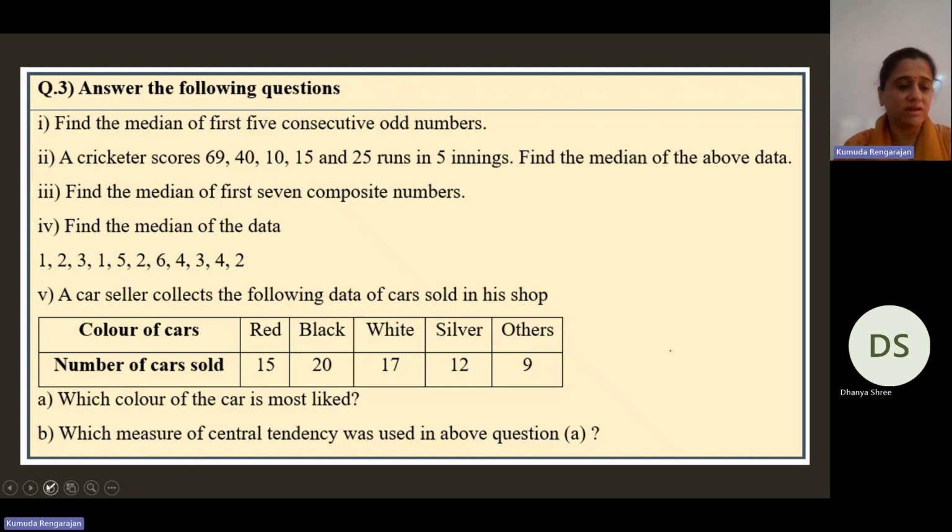So this I'll do here itself. Median, arrange 1, 1, 2.